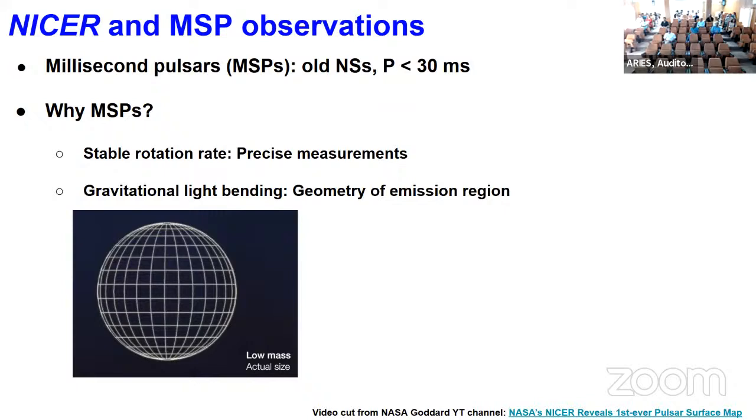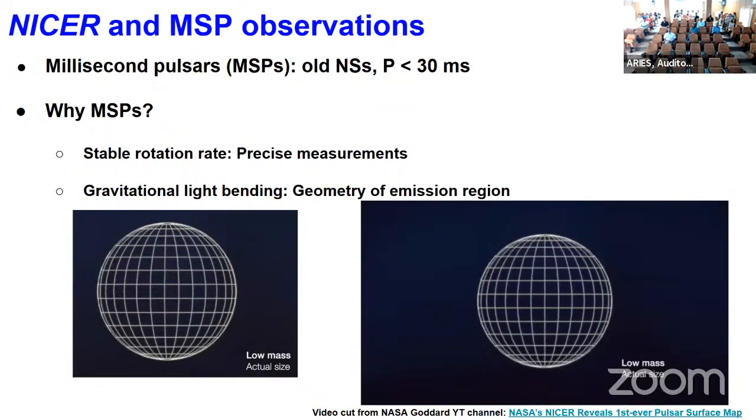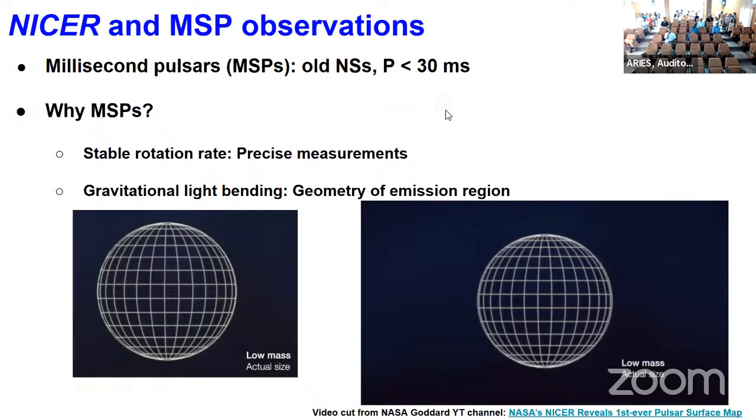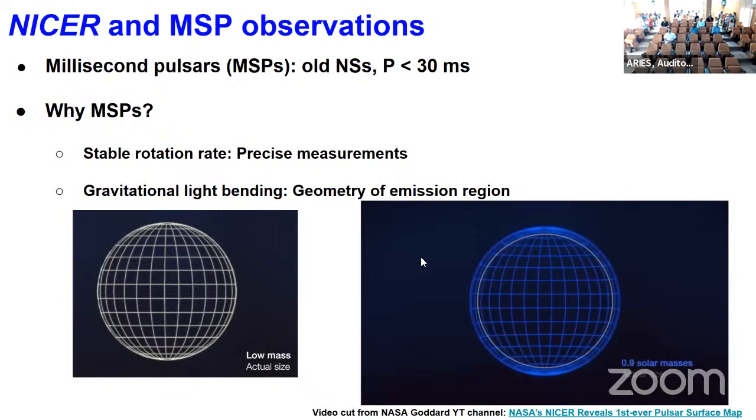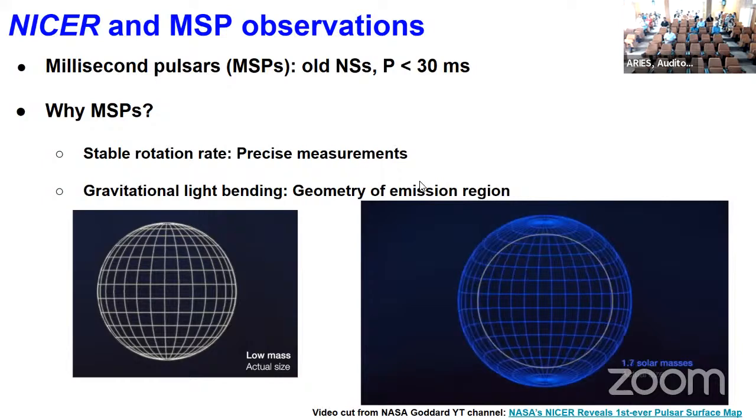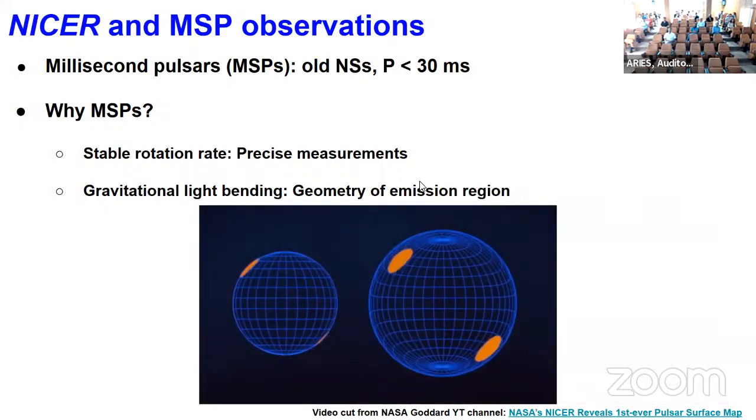So I'm going to show another animation. This is a low mass star. As you're increasing the mass, you can see that you start seeing basically the other side of the object, right? Because of the gravitational light bending. And in terms of millisecond pulsar, this basically means that these orange blobs over here are what we call hotspots.